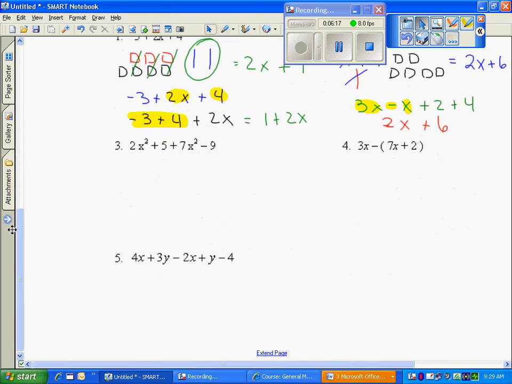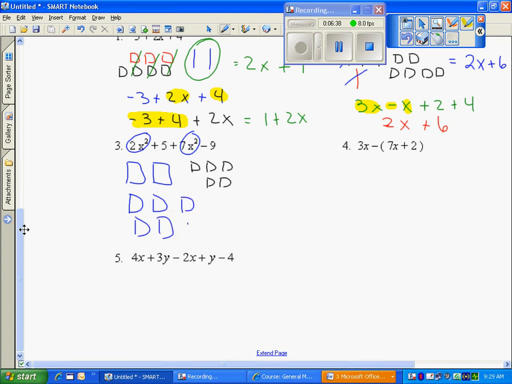Looking at the third example, all that's changed here is my shape. 2x squared means I have 2 larger, and I'm adding to that 5 of the singles, and then I'm going to add 7 squares. There's 4, 5, 6, 7, and I'm going to take away 9.